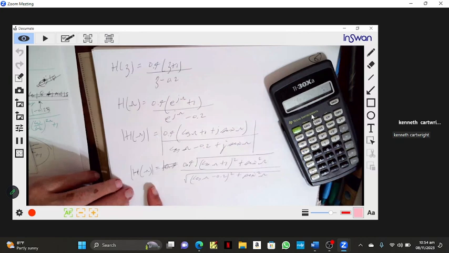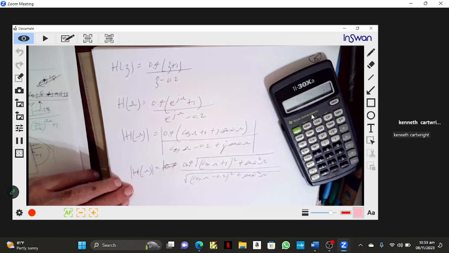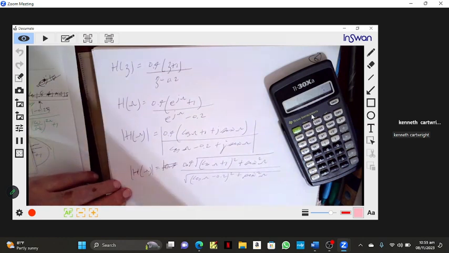And that's what we plot. But we haven't plotted yet. We have to plot it not versus omega, we're going to have to plot it versus f. Why? Because I want to compare it to the analog.